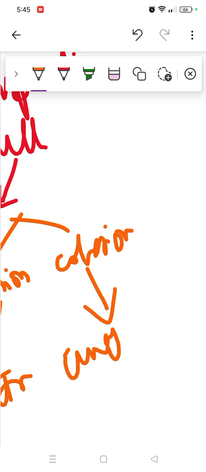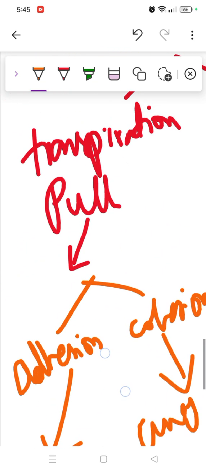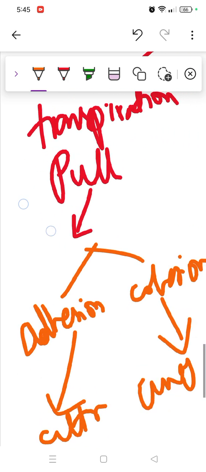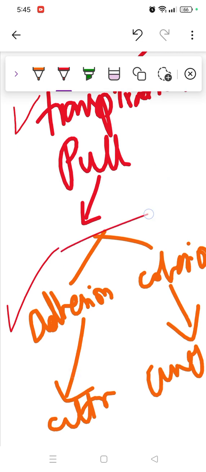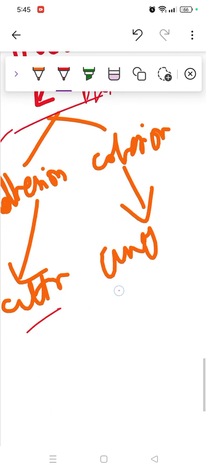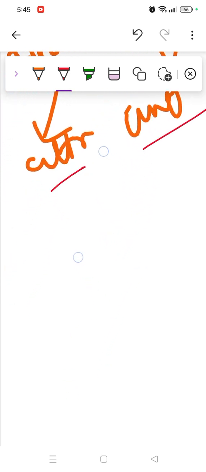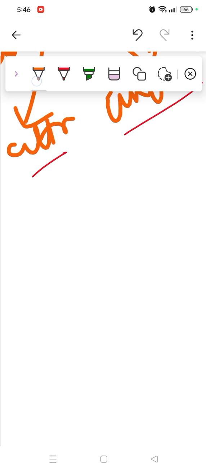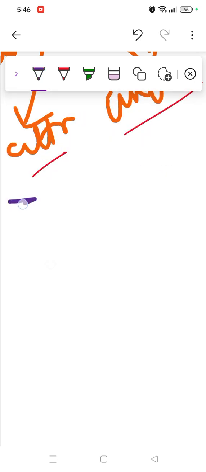Basically I have combined these. First part is transpiration pull, second is these two physical properties, with the attracting force and the taking away force. Now let me discuss transpiration pull, sorry for the confusion, I hope you don't mind.